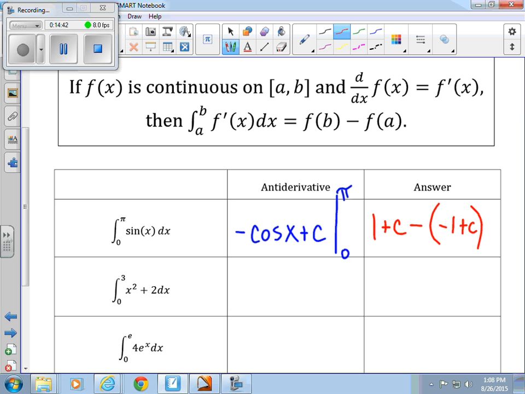Why are you subtracting them? That's the point. What happens to c? They cancel. Will they always cancel? Yes. Every time. If you take the same function with a constant and that same function again with the same constant, subtract them, won't the c's always cancel? Good question.